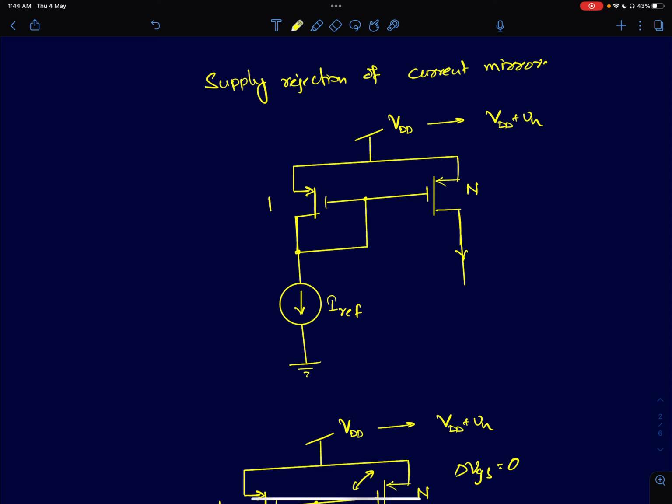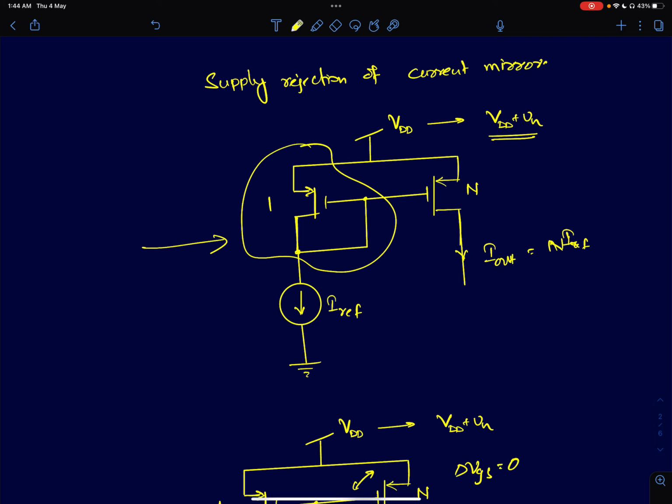If you see this PMOS current mirror shown here, ideally the DC current at the output is simply N times Iref. Now let's say I add some noise to the supply. So you have VDD and I'm adding some noise Vn at the supply, and let's see how the circuit reacts to it. Now remember, the VGS is decided by this MOSFET.